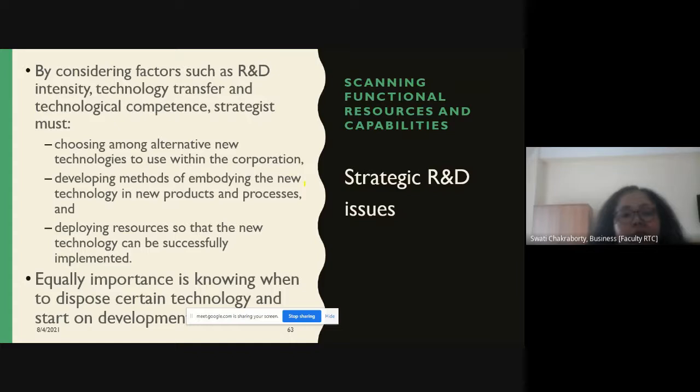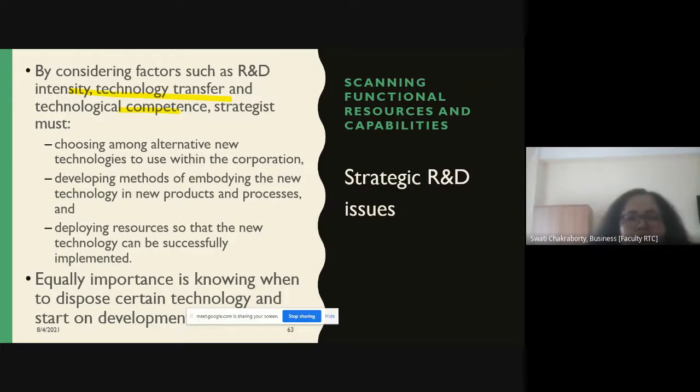Strategic R&D issues. So R&D issues where we talk of R&D intensity, technology transfer, technology competence, right? If you have this in your business, you have to look into or give importance to this.